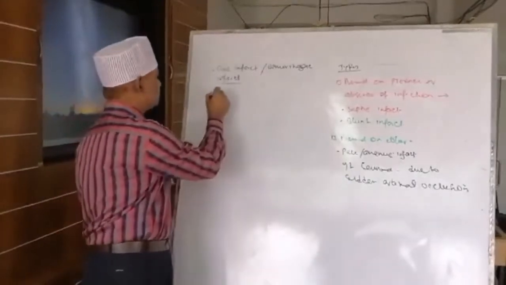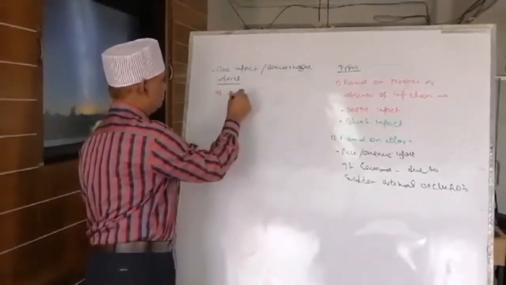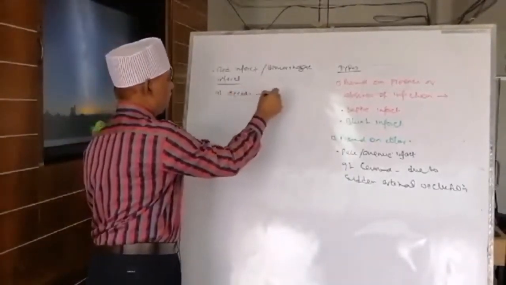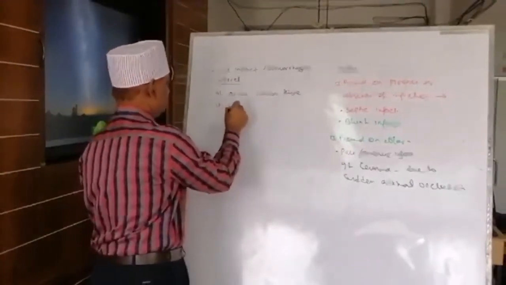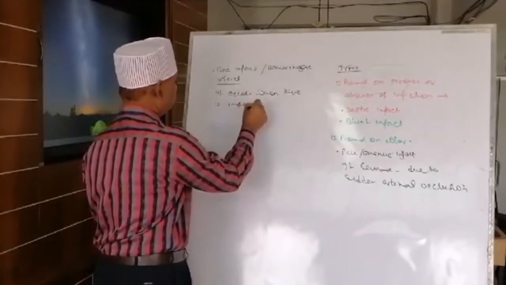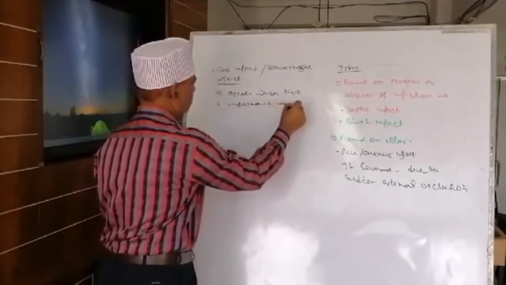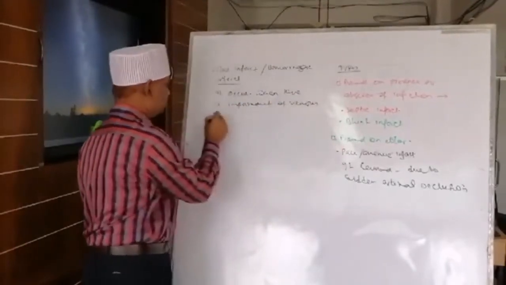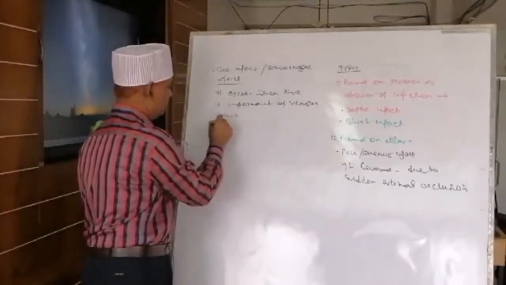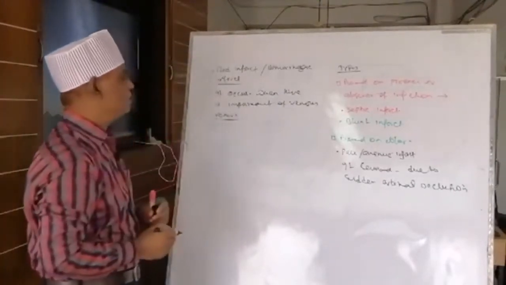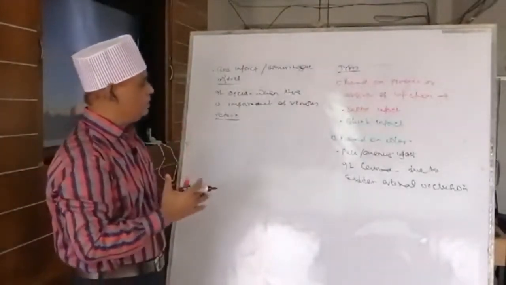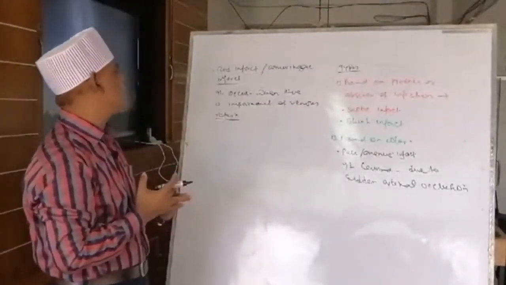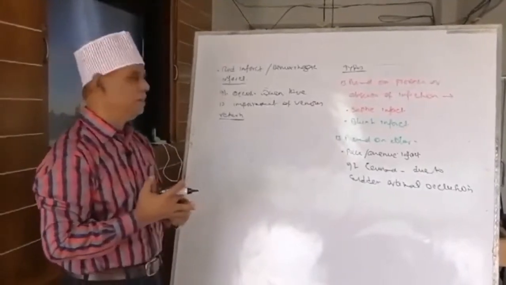It occurs when there is impairment of venous return. If there is impairment of venous return from the tissue, there will be infarct, and this infarct will be red or hemorrhagic.